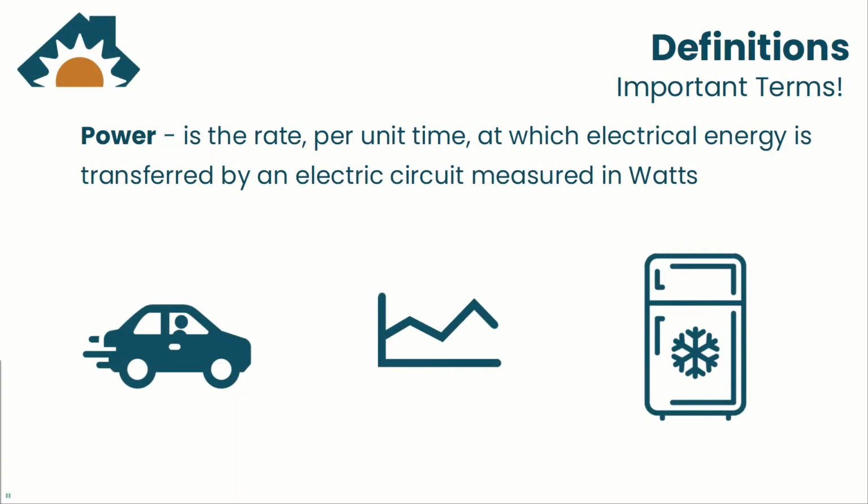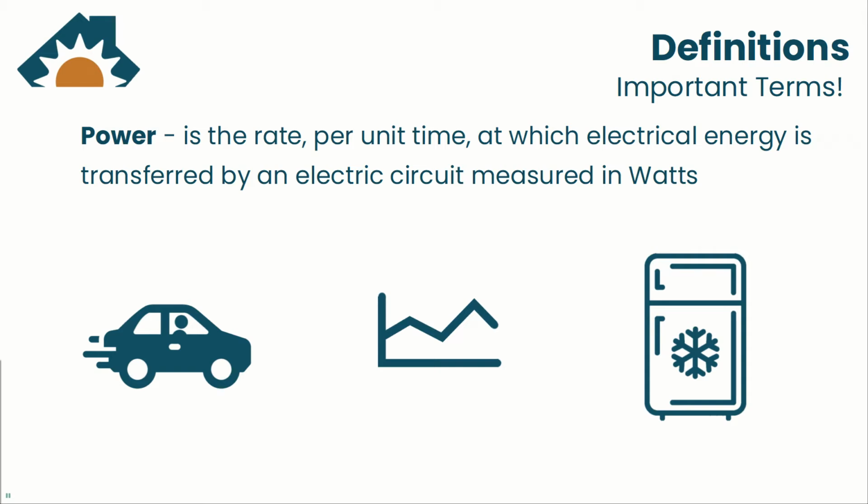Let's go over some definitions first. Power. Power is a rate per unit time at which electrical energy is transferred by an electric circuit. Electrical power is measured in watts. You often will hear the term kilowatts, which is 1,000 watts essentially.